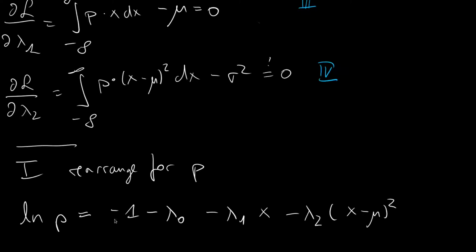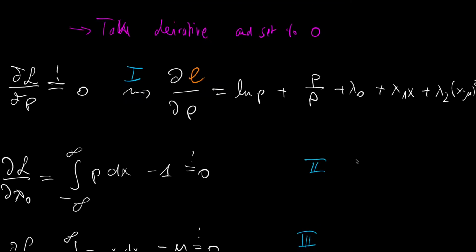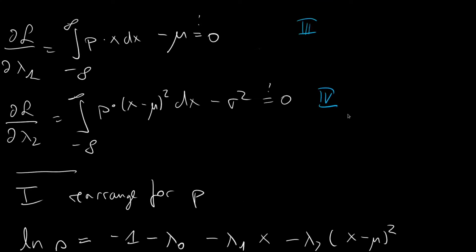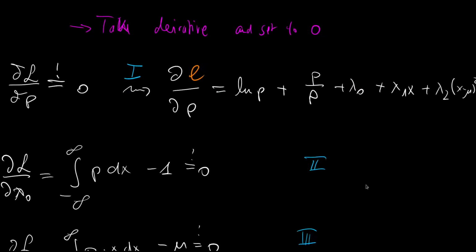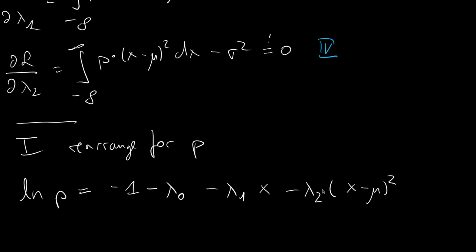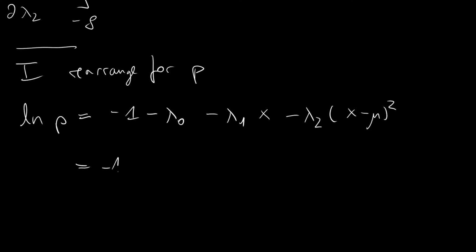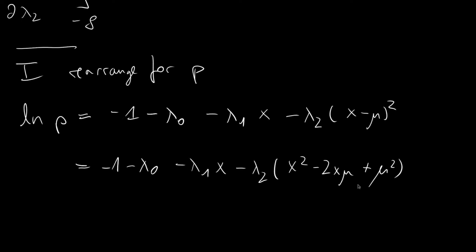Okay, let's double check. The -1 is from the p over p, then the lambda 0 is from the lambda 0, then the lambda 1 x is from the next, and the last is from the second order centralized moment. Let us resolve this square here, and then we're getting -1 minus lambda 0 minus lambda 1 x minus lambda 2, opening brackets, x squared minus 2 x mu plus mu squared, brackets closing.